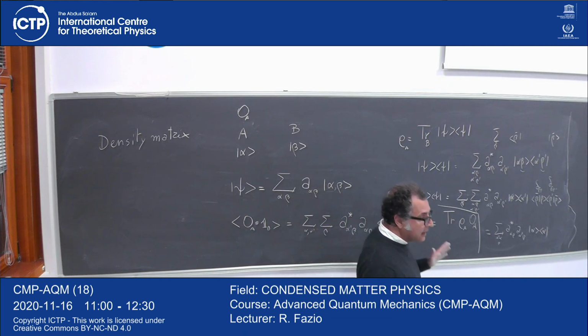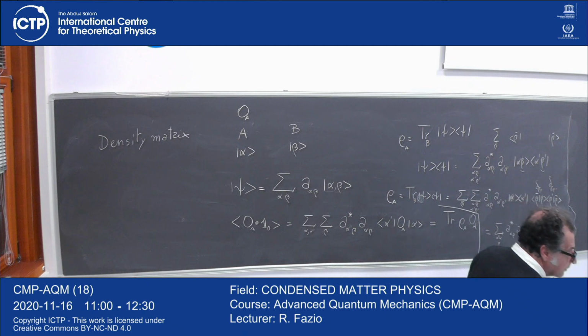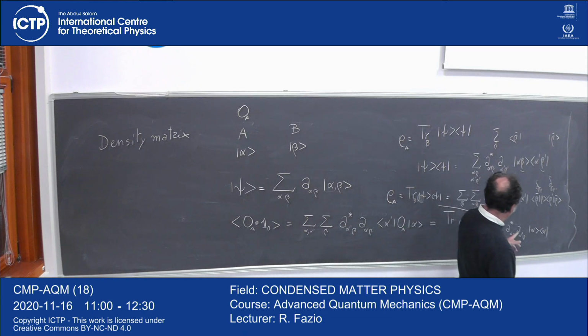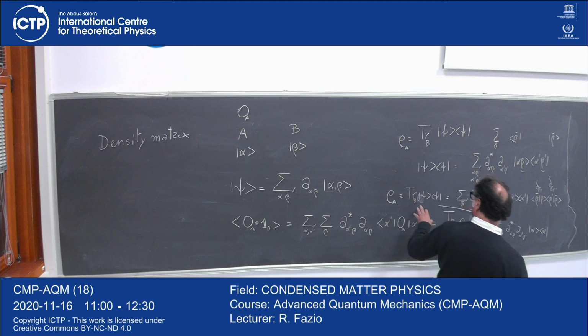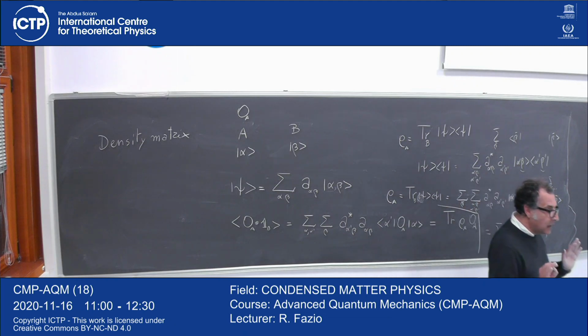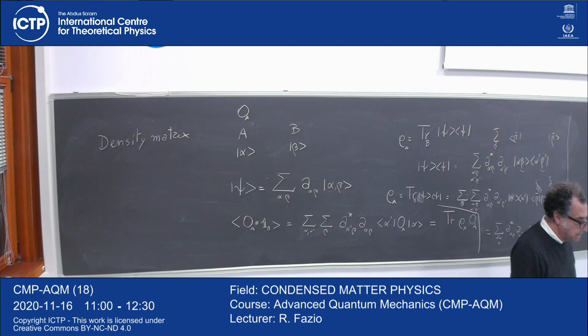This is just take it as a definition, okay? Now comes the important physical thing. If you take this density, this reduced state, you can verify it describes a good quantum state.